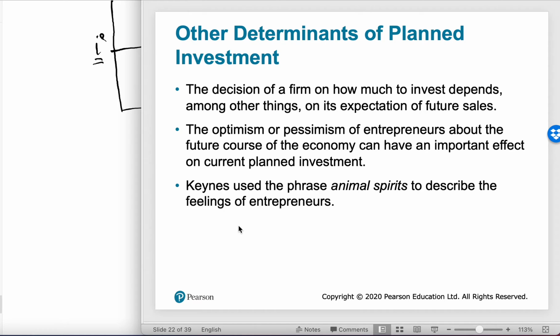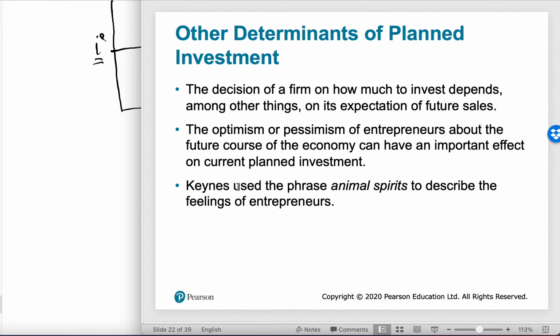Okay, so other determinants, the level of income, may be affecting. So the decision of firms on how much to invest depends, among many other things, on expectations about the future. If you are optimistic that the demand side is going to be very strong, you may basically go and buy a lot of inventories and be prepared for selling.